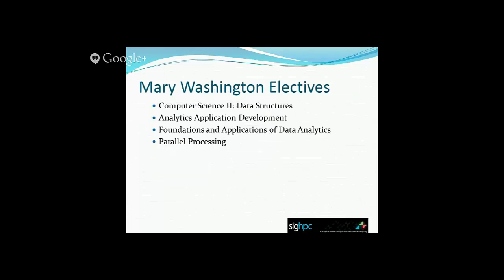Then they have electives that go deeper into either the data management kinds of things, so data structures, or deeper into the analytics and also parallel processing. So that's a newer kind of invention.